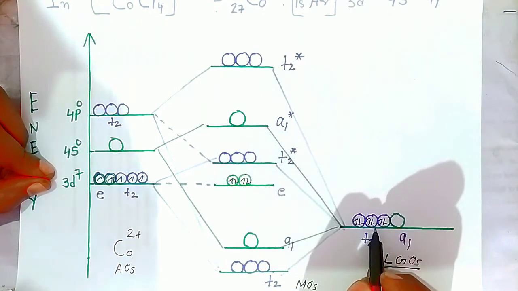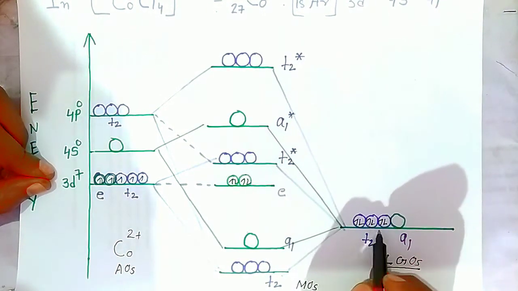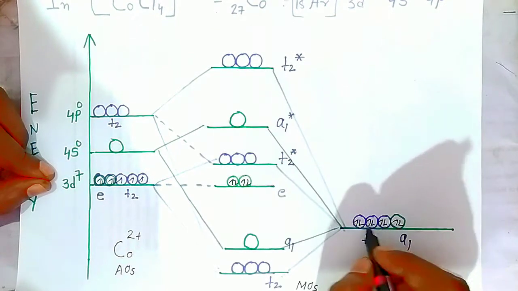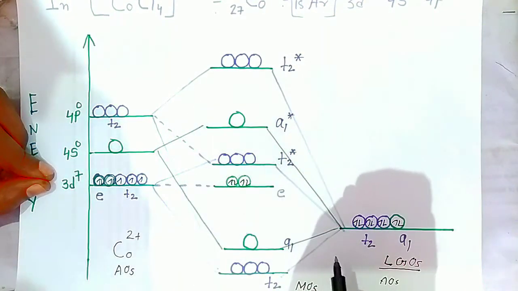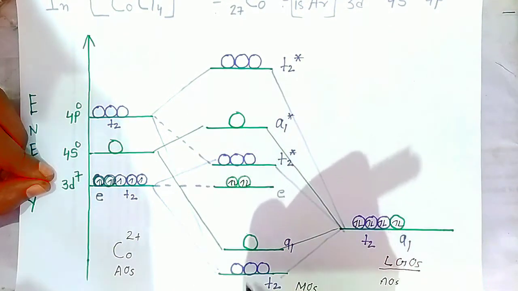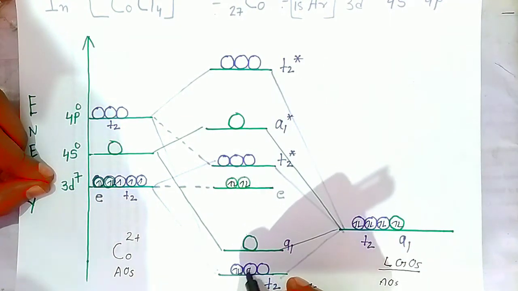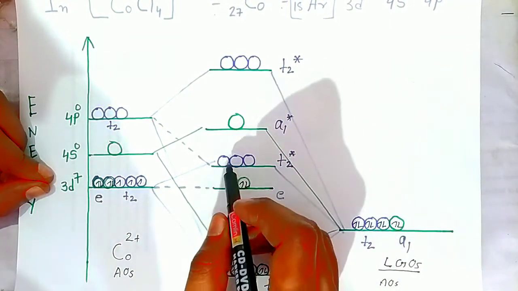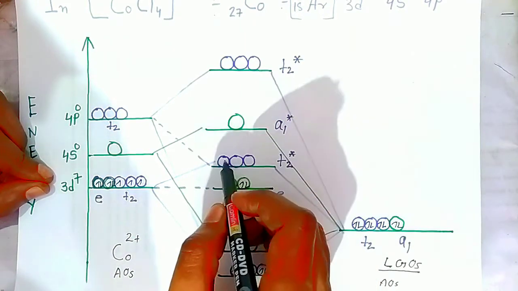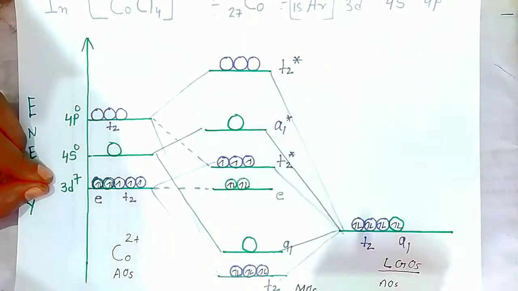So, students, you are going to distribute 6 electrons from here, and here 9 electrons we are going to distribute. We have to distribute the electrons this way because the energy level is higher. Now the 3 unpaired electrons will go to the T2 star orbitals, like this, correct students.